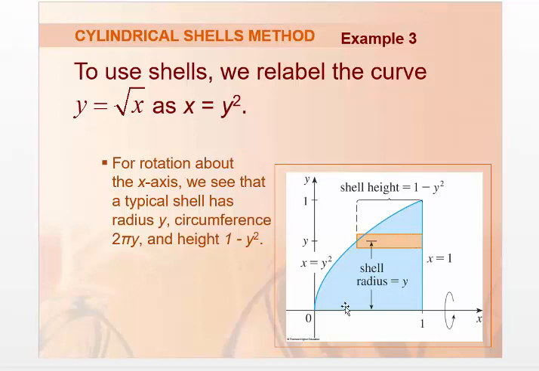Our radius here emanates from here. So from here to here, the radius is whatever the y value is. Okay, so our radius is y. So think about what that means in terms of the circumference. Instead of the circumference being 2 pi x, our circumference becomes 2 pi y. And our height here ends up being 1 minus y squared.